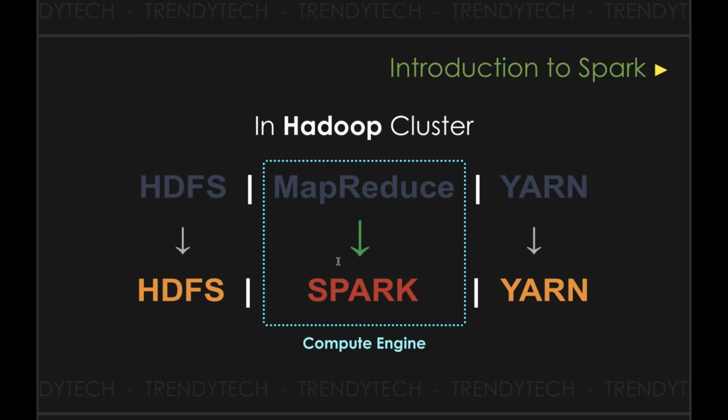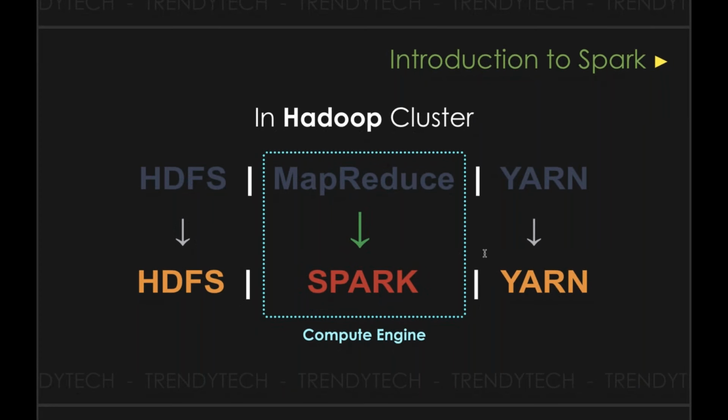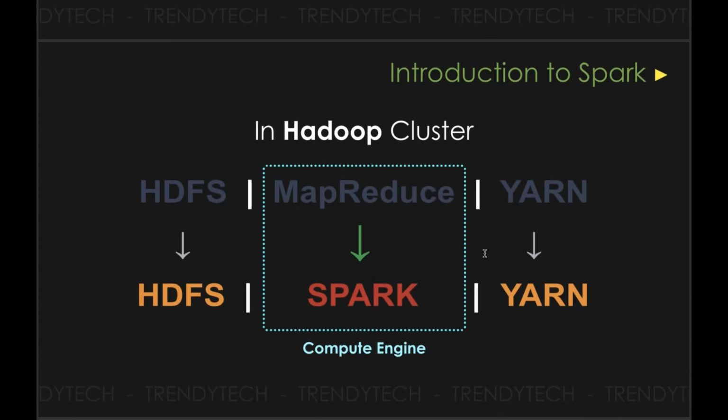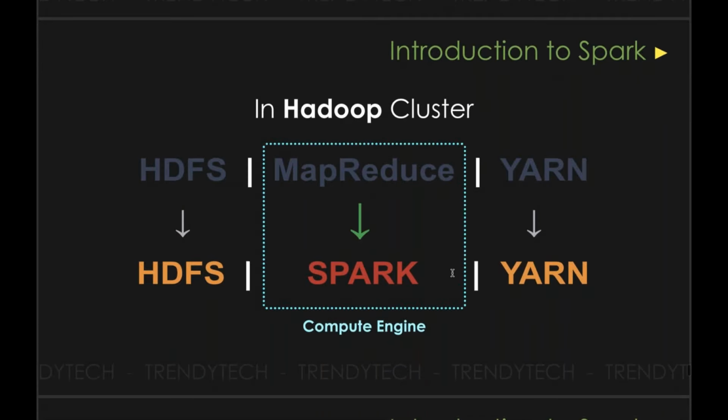How can you compare storage, processing, and resource management with just computation? Spark only gives you one thing, that is computation, right? You cannot compare three components with just one component. Rather, what you can compare is computation with computation. So if someone compares Hadoop with Spark, that is wrong. But if someone compares MapReduce with Spark, that's perfectly fine, because we can say Spark is a replacement of MapReduce.